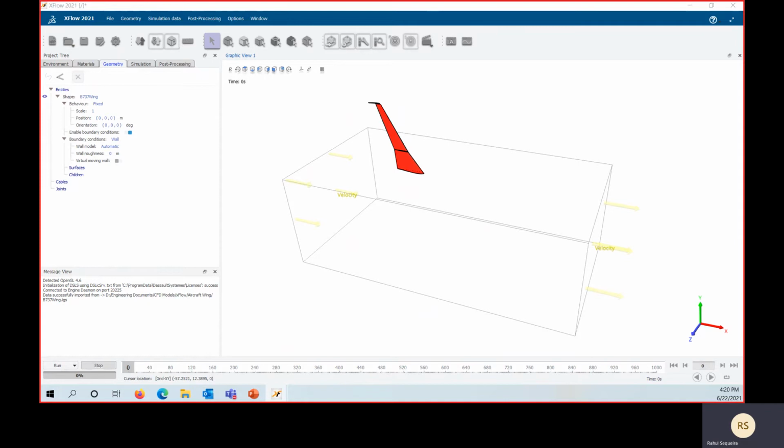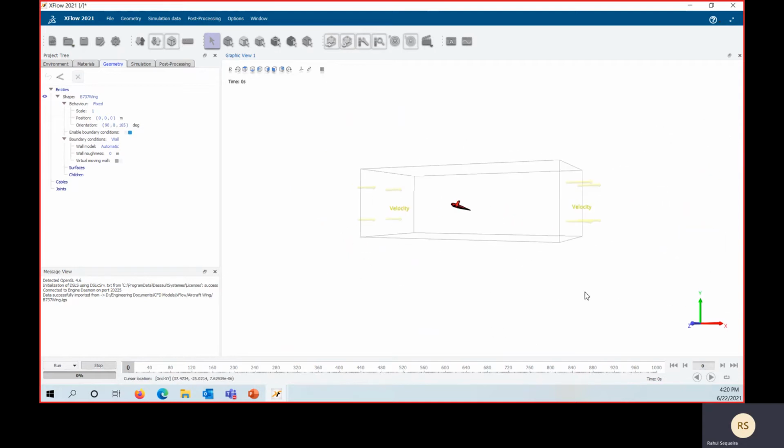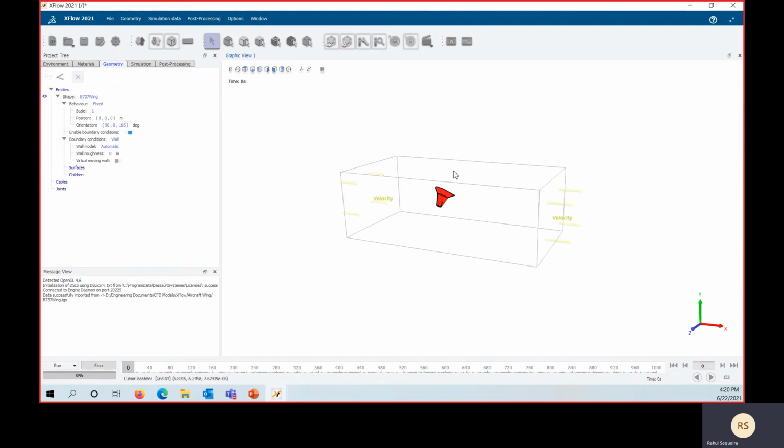So in this case, I would probably keep the geometry at 90 and 165 as the orientation of my aircraft. And as you can see, I have positioned it to be exactly where I want it to be. Since I do not want to deal with the adaptive refinements for now, since those are expensive, I would keep my behavior to be fixed.